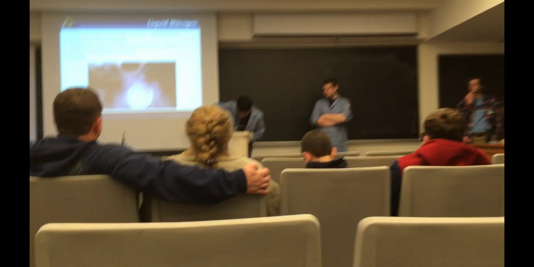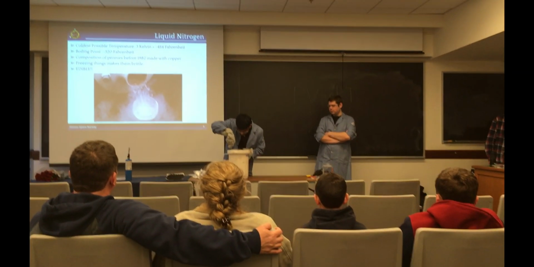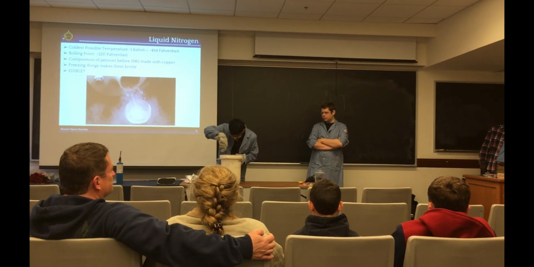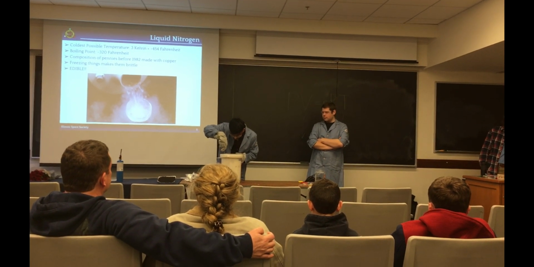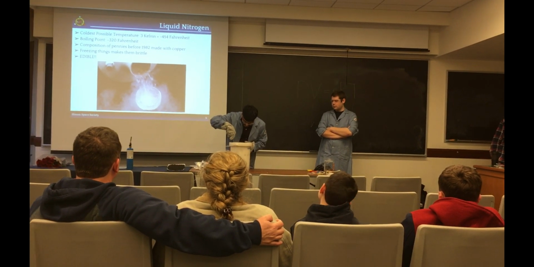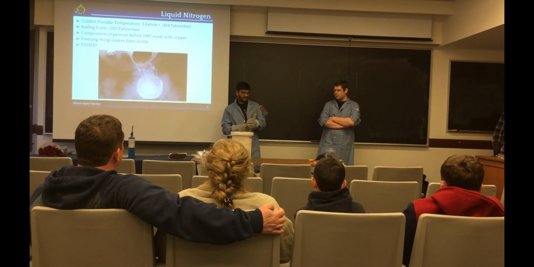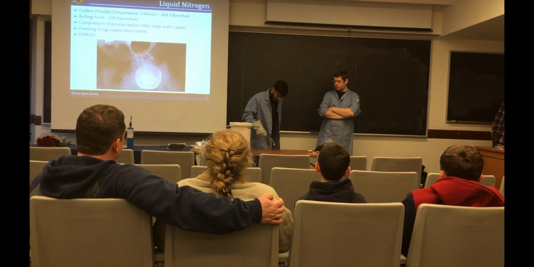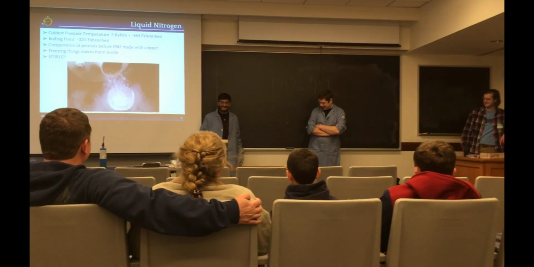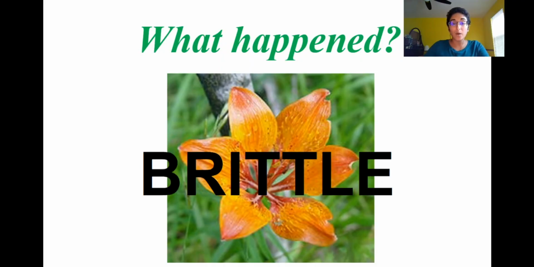So let's try it out. So, it's on the floor now, but it broke like glass. Why did that happen? The cold temperature of liquid nitrogen brought down the flower's structural integrity.